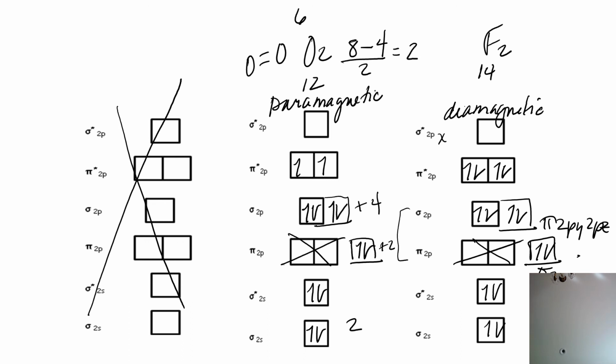Bond order here is 2 plus 2 plus 4, which again is 8, minus our anti-bonding, which are 2 plus 4, so 6, divided by 2 equals 1. So single FF bond here.